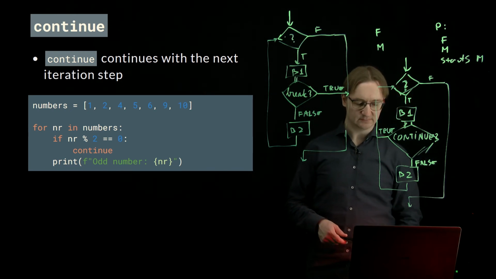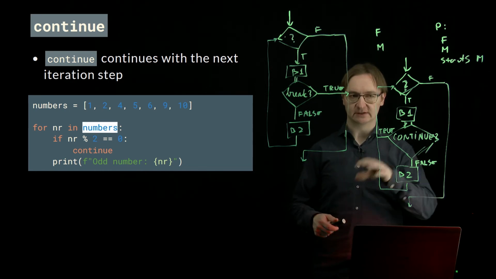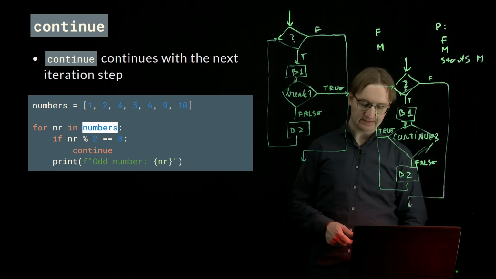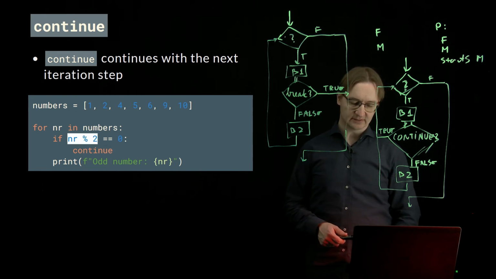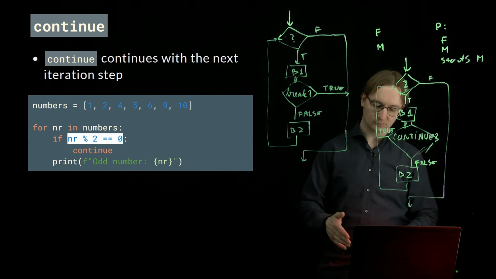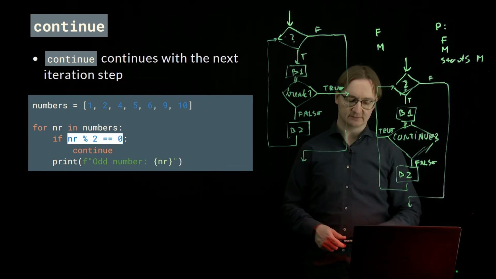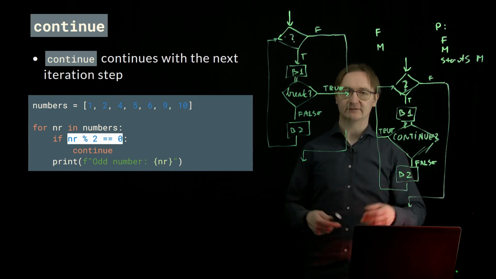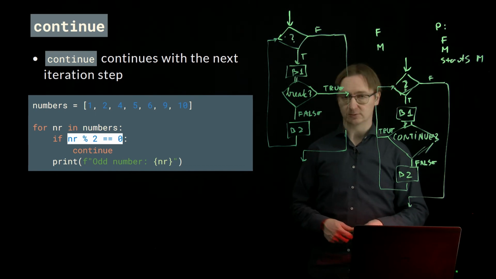We have a list of numbers. We have a for loop where we take the values of the numbers and we check whether the number is an even number. So if I divide it by 2, whether the remainder is 0. If I divide an even number by 2, the remainder can be either 0 or 1.